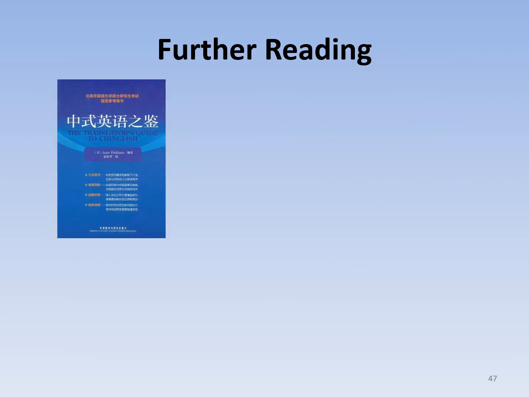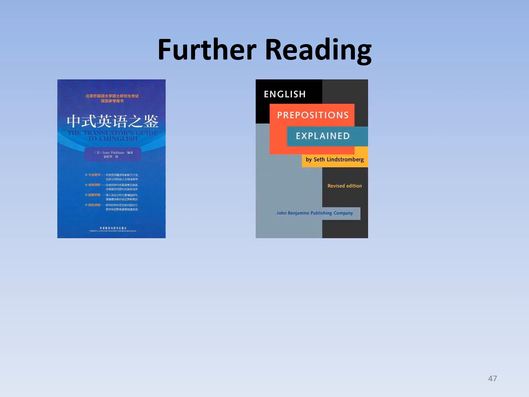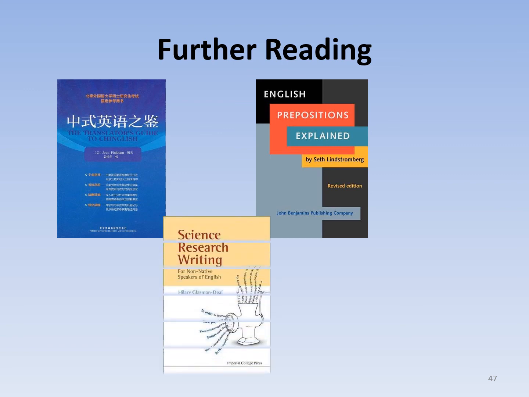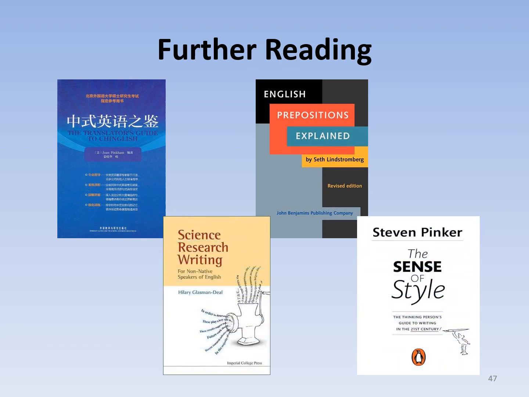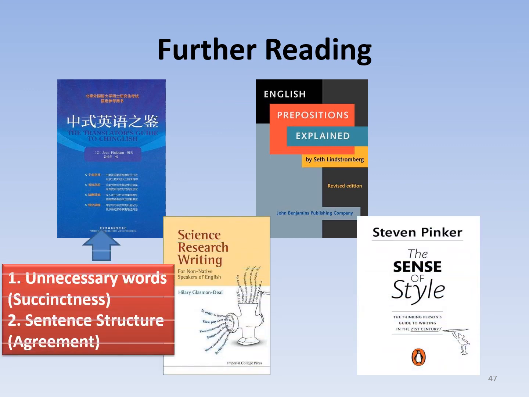And if you want to read more about effective writing, there are a few books that you might look at. These are about English, basically, and these are more about science. Basically, this book divides the entire book into two parts.